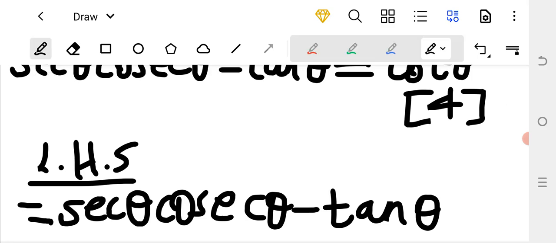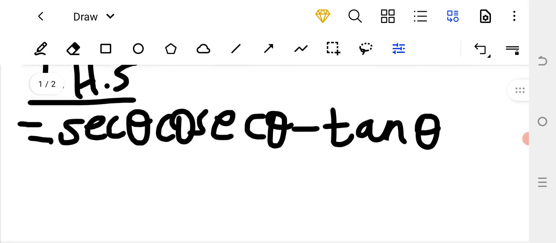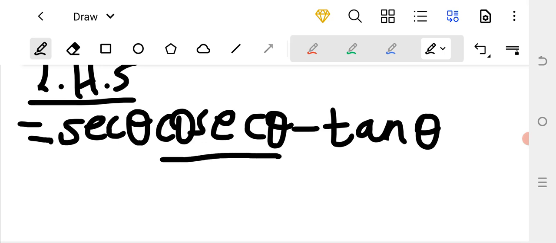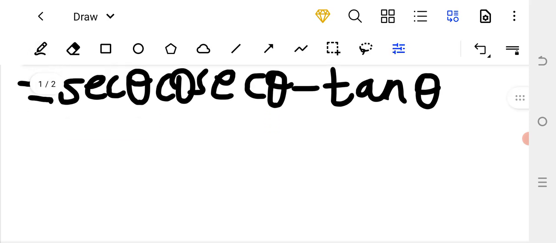As we know, cosec theta and sine theta are related to each other such that they are inverses. This function here is the inverse of sine, and this function here is the inverse of cos. How did I know? You always check the third letter. So we continue.